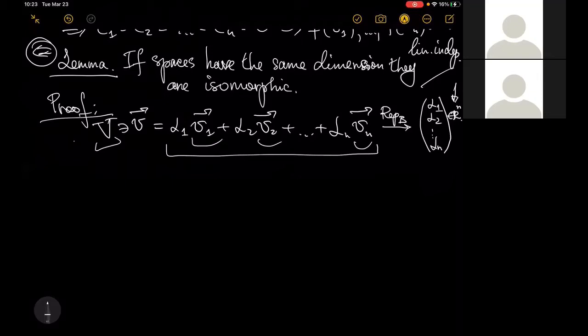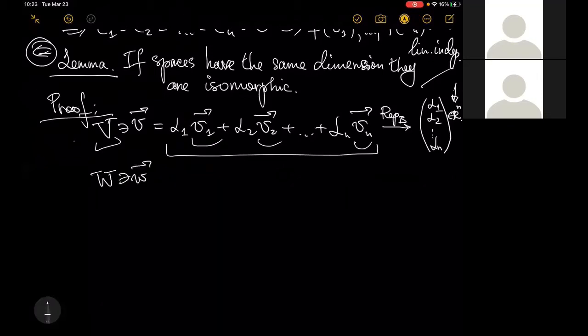But then now I can take, it means that I can take any n-dimensional vector space, and it will be, let's say, W. So, and we consider vector W such that it's beta 1, also n-dimensional. And there is a corresponding basis.